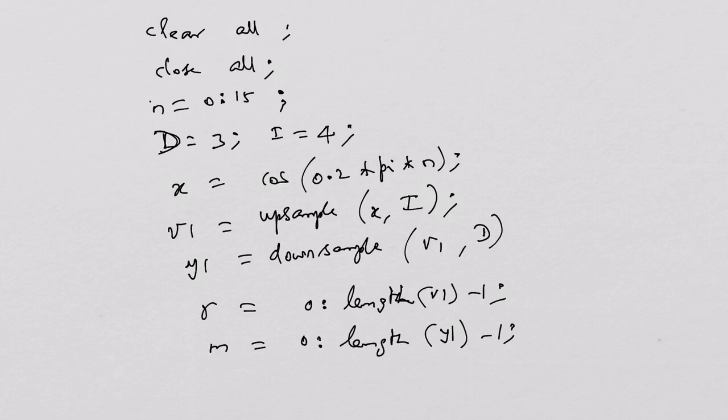Let me plot the values. How to plot it? Stem of n comma x. What is the second one? Let me plot the stem of r comma v1. Similarly, let me plot the stem of, that's why I said it is necessary to prepare r, m, n, three different time axes have been defined.